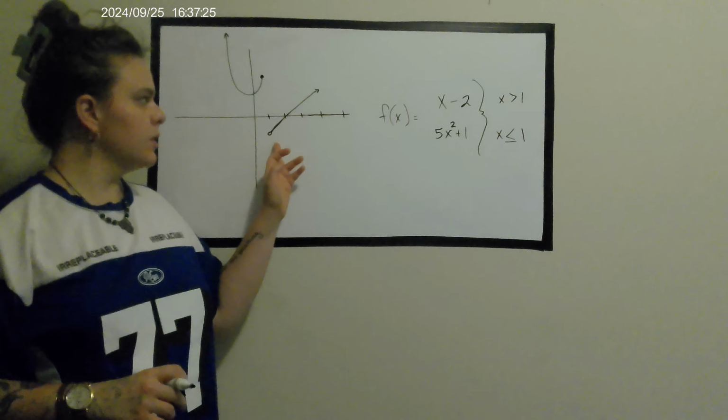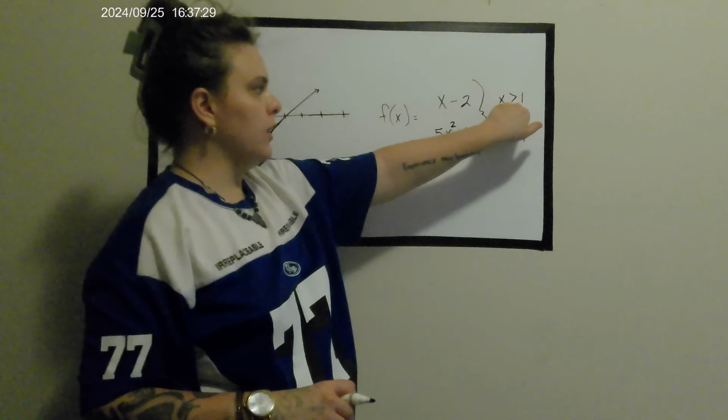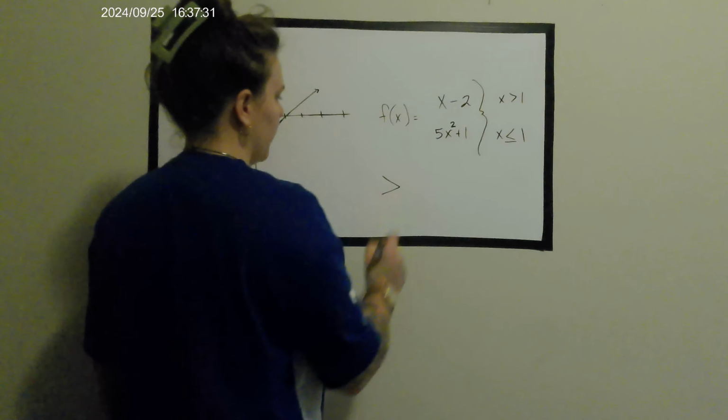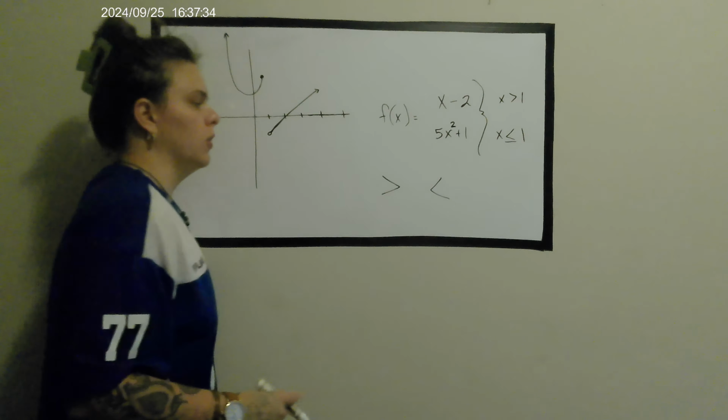The open space relates to the fact that we do not have an equals bar. Okay? Anytime you see greater than or less than on its own, that translates to an open circle. The open circle means it does not include that point.